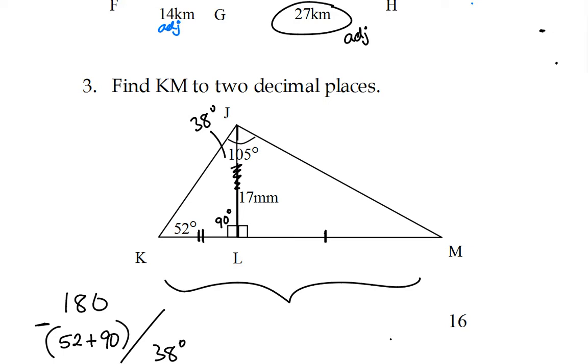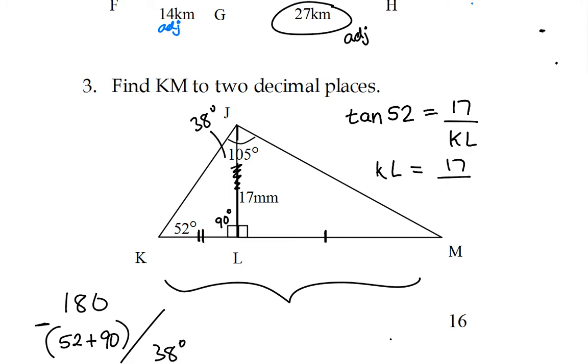All right, guys, I'm just going to put up the solution, and you can see and match if you got what I got. I use tan for 52. That would be 17 over KL.